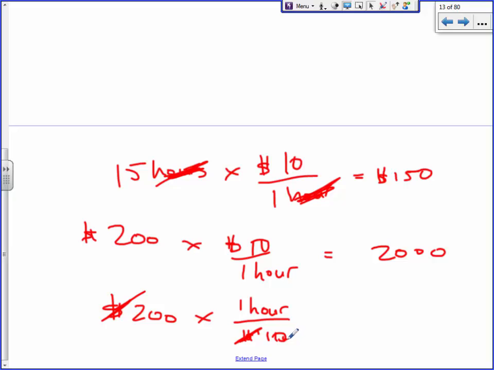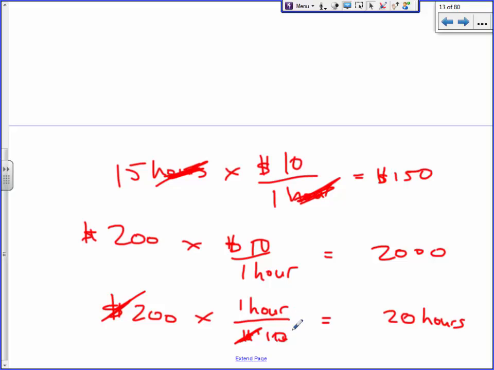What unit's left? Hours. If you want to earn $200, and in 1 hour you make $10, 200 divided by 10 would be 20 hours, because hours is the unit that's left. That makes sense?